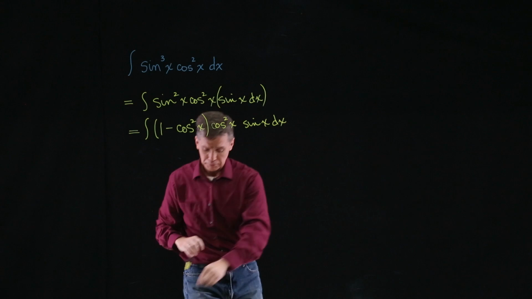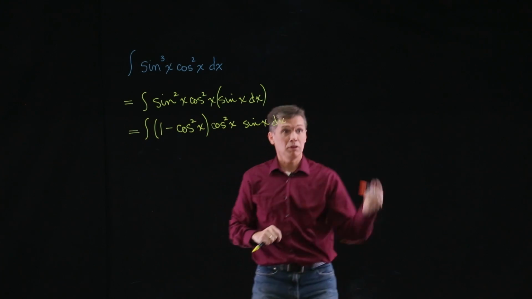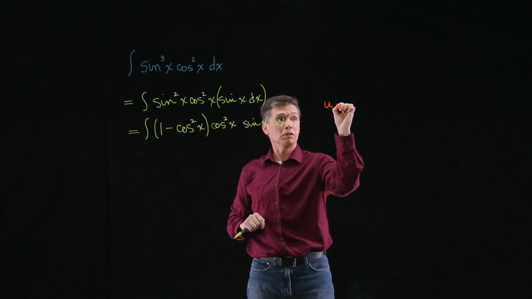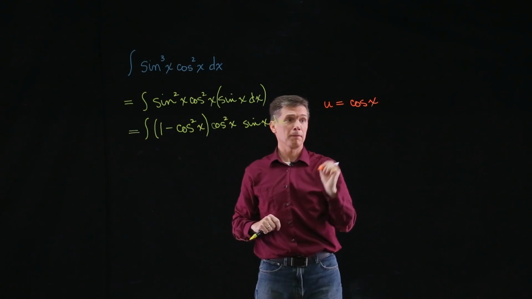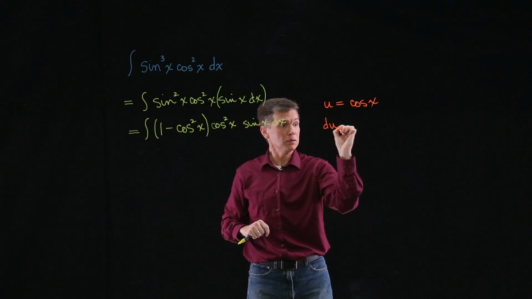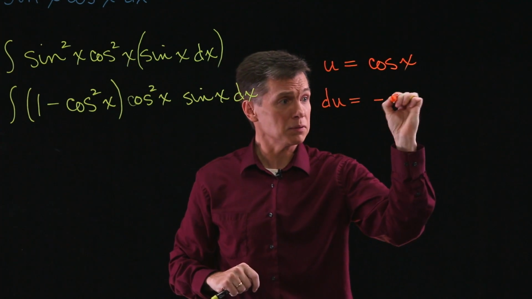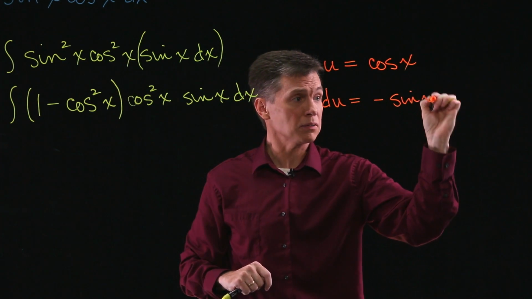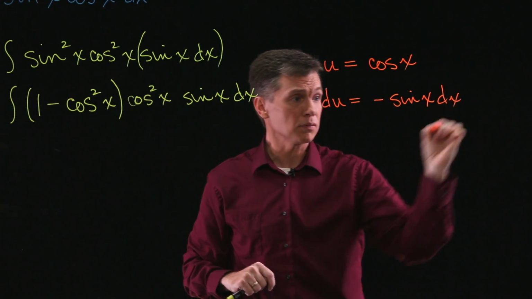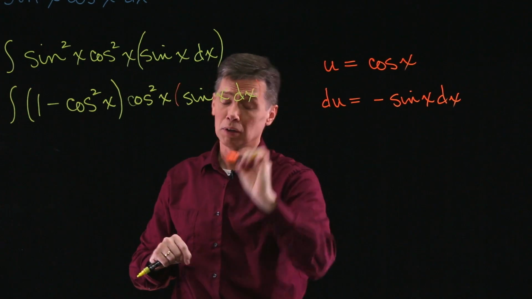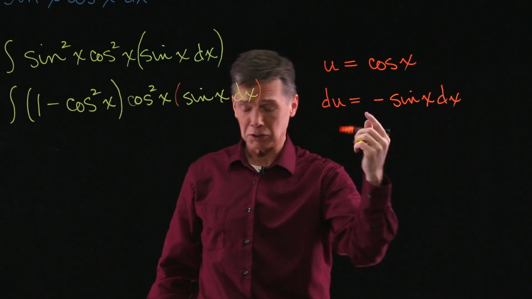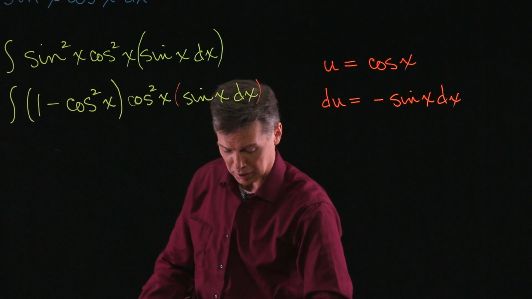So let me step over here and do the u substitution of u equals cosine of x. So du equals minus sine of x dx. There's where you have your match there of the sine x dx. We're only off by that factor of a minus 1, so we'll just throw that all the way out in front.